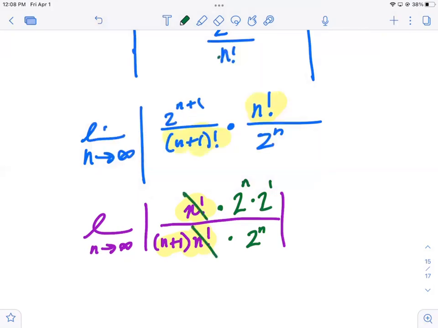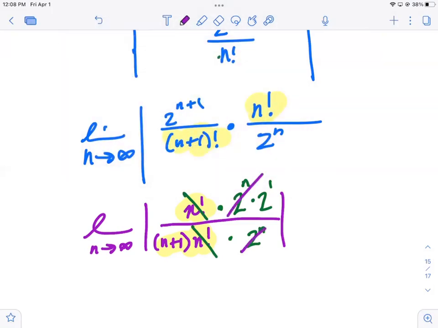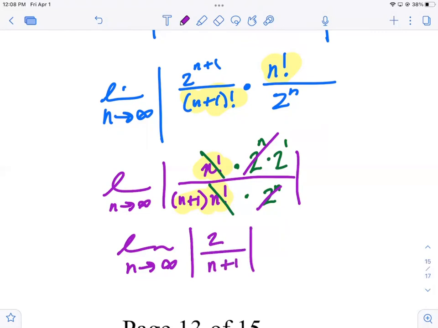Indeed. Those are gone. And these are gone also. So that's the limit as n goes to infinity. Let's see what's left. What's left on the top after all that? Well, there's a 2 up there, right? And in the bottom, there's n plus 1.